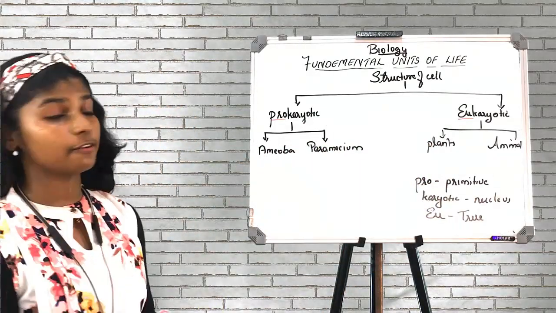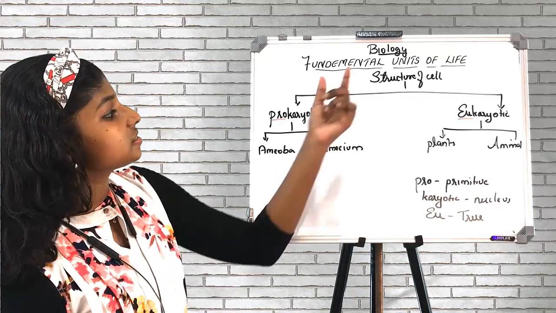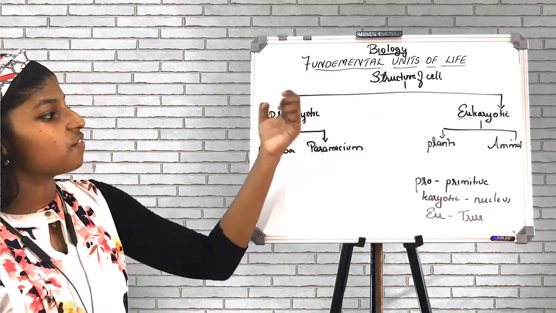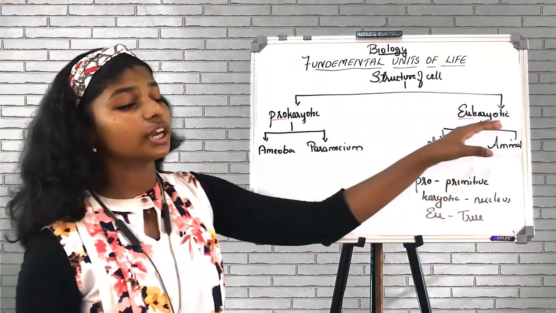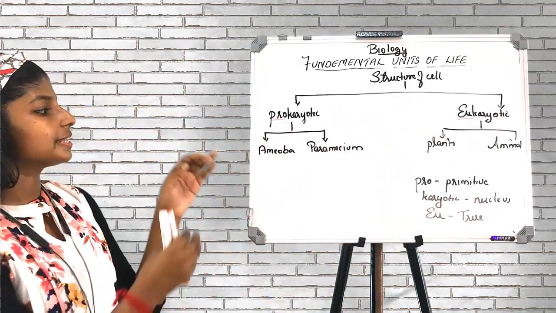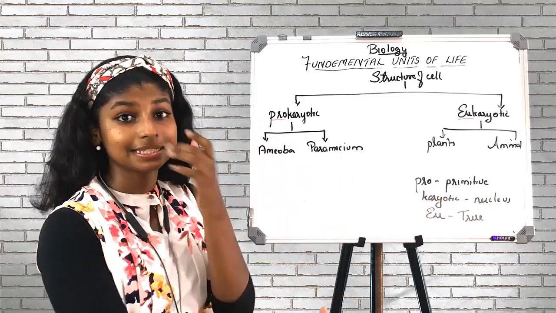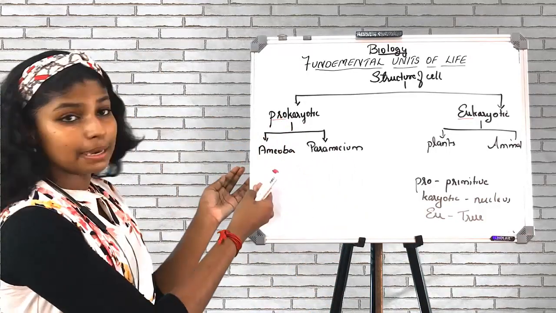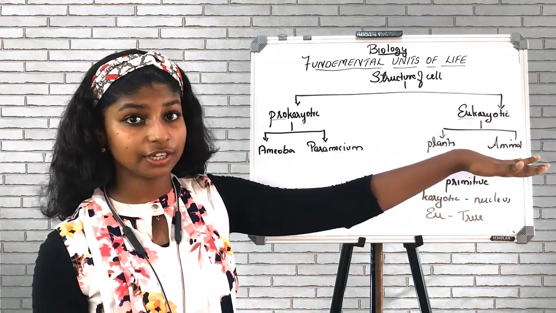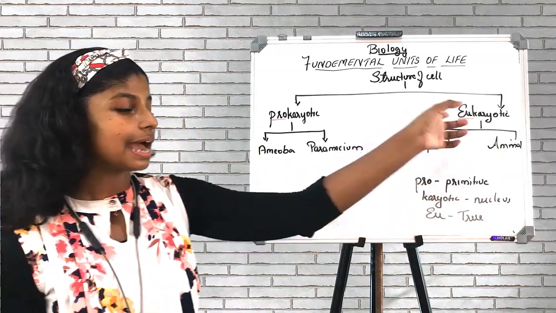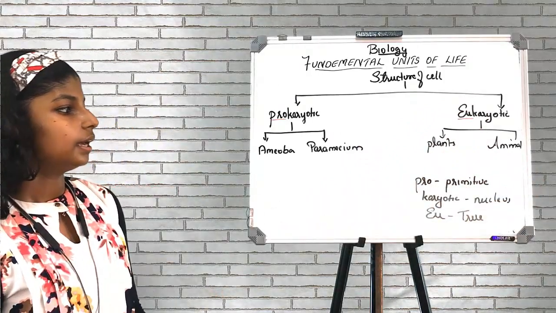We can just once again revise it. The structure of cell is classified into two, that is prokaryotic cell and eukaryotic cell. The examples of prokaryotic cell are amoeba and paramecium. The examples of eukaryotic cell are plants and animals.